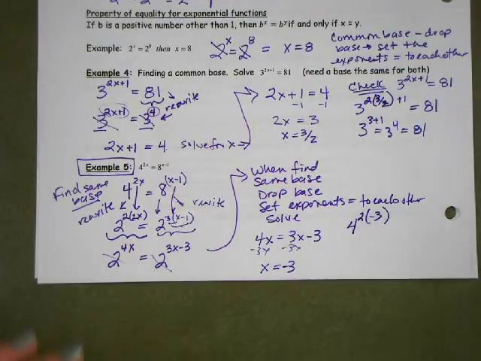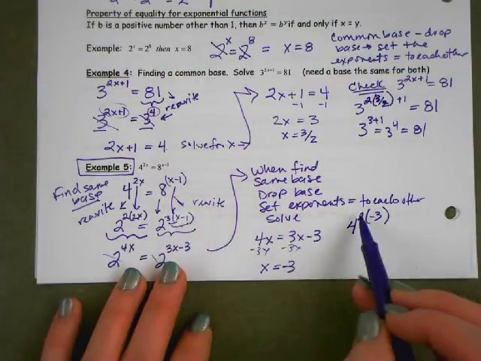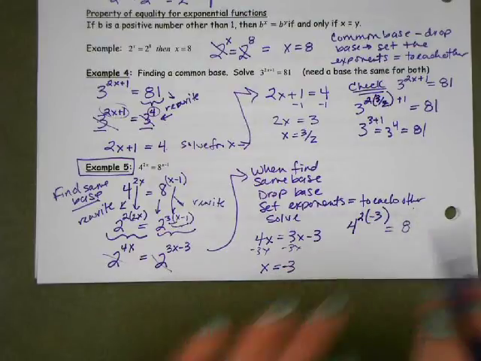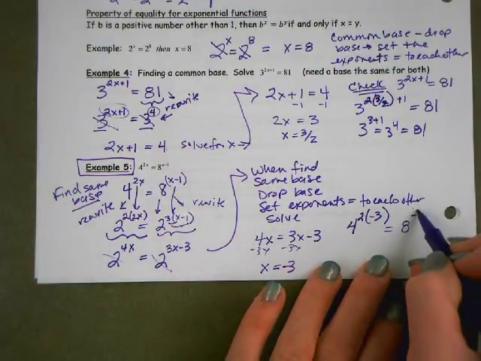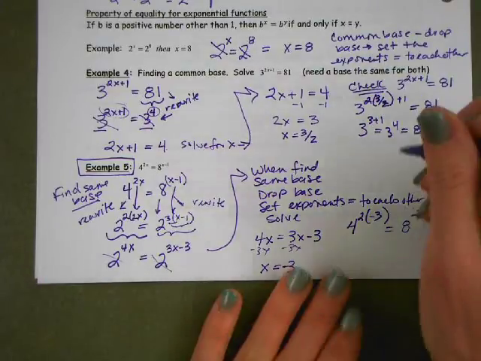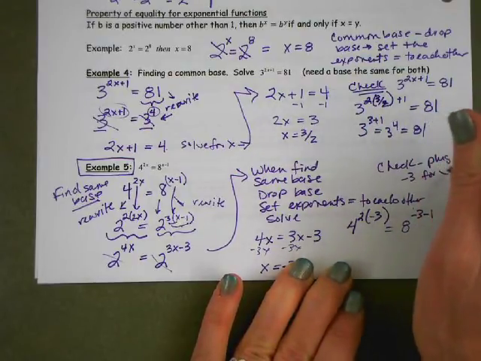All right. So the expression is 4 to the 2x equals 8 to the x minus 1, where I put in negative 3 for x. Okay? So my check, plug in negative 3 for x.